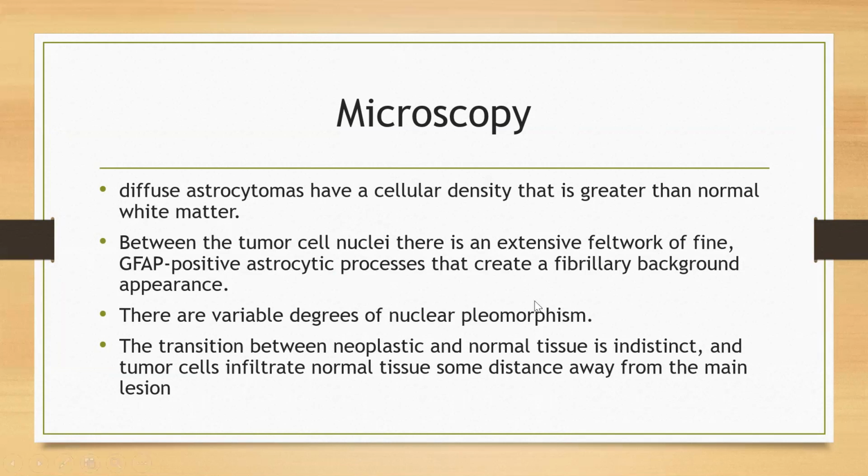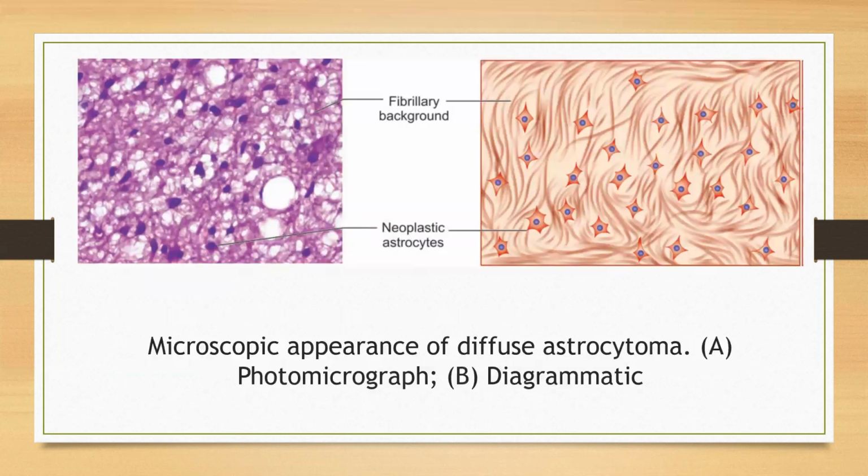The transition between neoplastic and normal tissue is indistinct, and tumor cells infiltrate normal tissue some distance away from the main lesion. You can see here the neoplastic astrocytes with a GFAP positive fibrillary background. This is the microscopic appearance of diffuse astrocytoma.